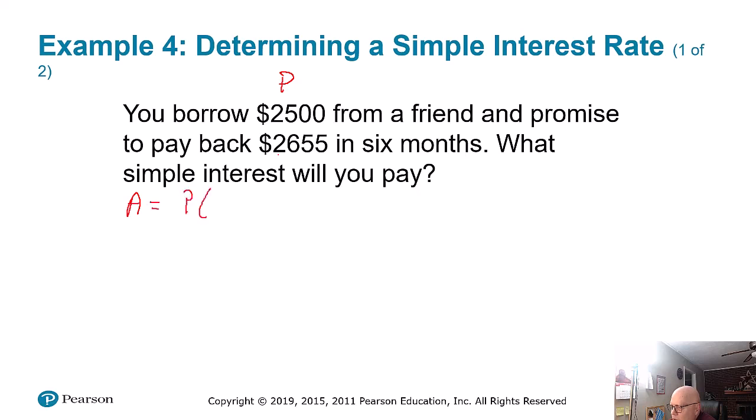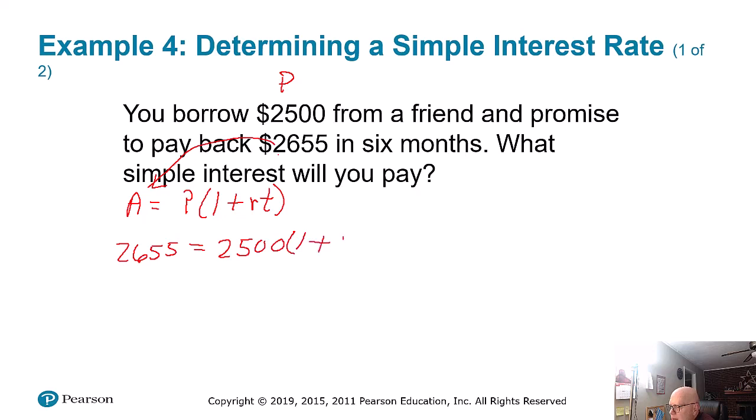So here's the formula. A equals P, principal, times the quantity 1 plus RT. So what do we put in? Okay, we know we're going to pay $26.55. That is the amount. So $26.55 equals. Now what's the principal? Well, we're borrowing $2,500. 1 plus.